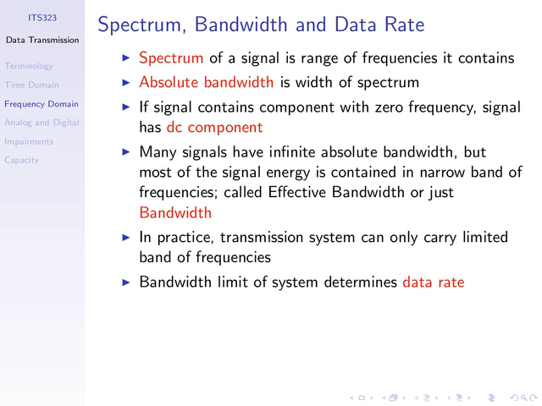So we can say that the spectrum of our example signal here, S1 of t, which is the summation of these two, contains two components, one with frequency 100 Hertz and another with a frequency of 300 Hertz.